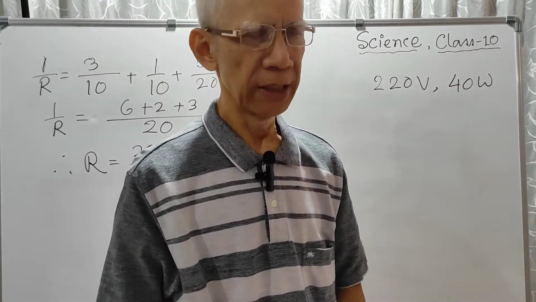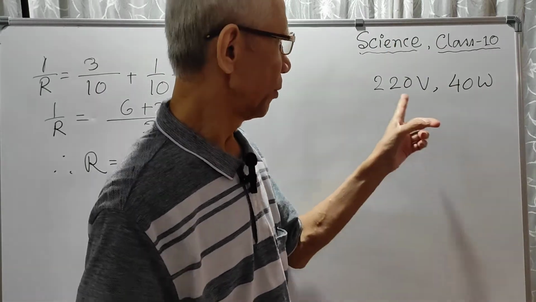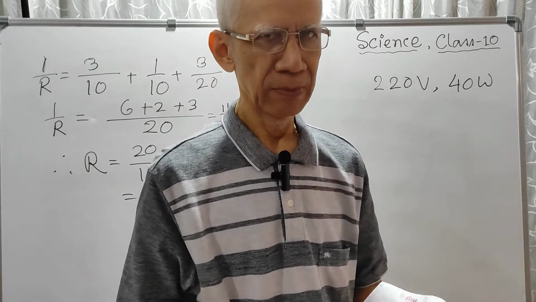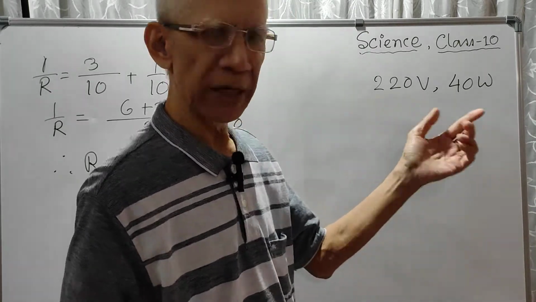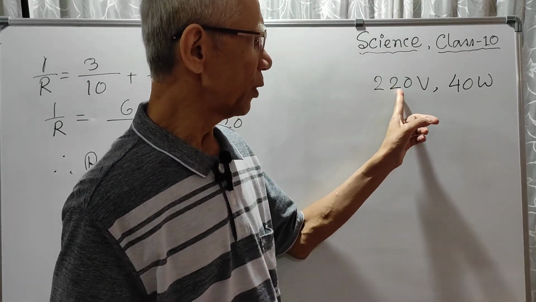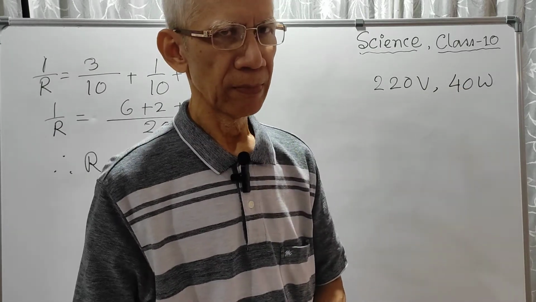So what does it mean? It means if you connect the bulb to a source of 220 volt, which is our supply, the electricity supplied by the electricity boards is between 220 to 240 volt. Suppose you connect the bulb to this 220 volt, then its power will be 40 watt. All right.